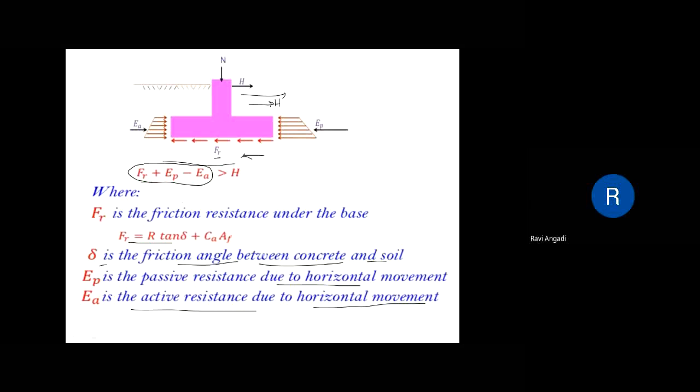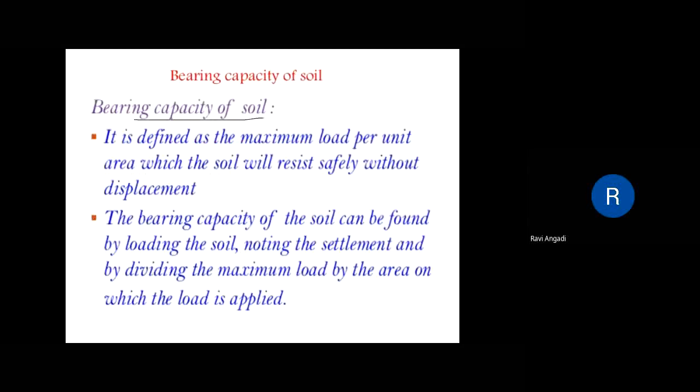And again, it depends upon the bearing pressure of the soil, that is the safe bearing capacity of the soil. Then coming to the bearing capacity of the soil, how can it be defined? It is defined as the maximum load per unit area which the soil will resist safely without displacement, what we call the bearing capacity of the soil.